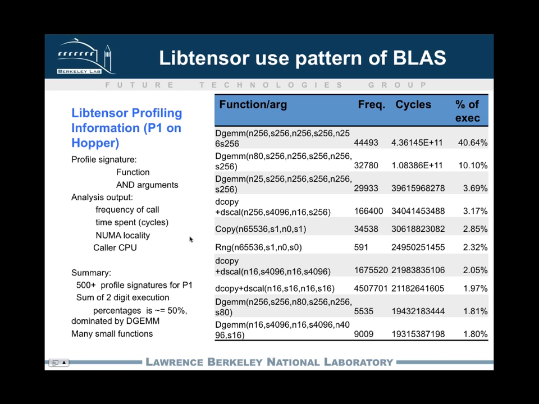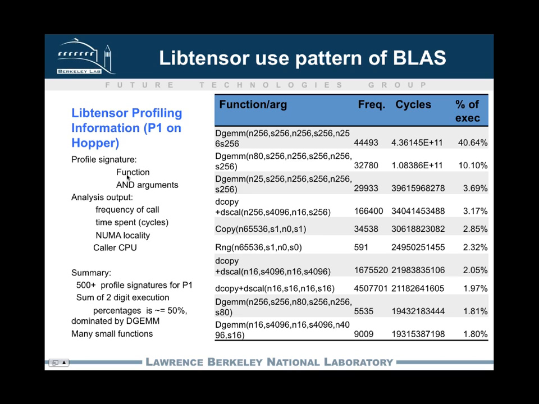Here we're looking at the profiling output of problem P1 on Hopper, and we distinguish the calls that go to the same solver routine by their input arguments. So we do not say that we spend that much time on DGEMM, but we look at DGEMM with what input parameters.